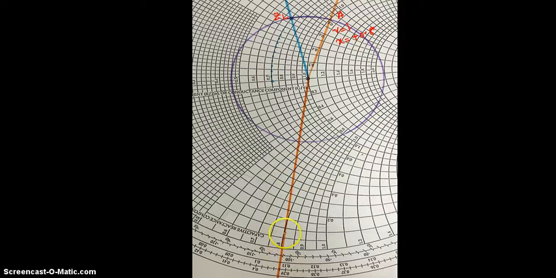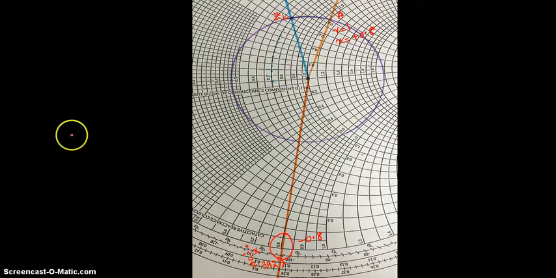So you can see here, this is your minus 0.8 point. Now draw a line from the center of the Smith chart through the minus 0.8 point. You will find that the value of lambda here is equal to 0.392 lambda, which is your minus JX point.